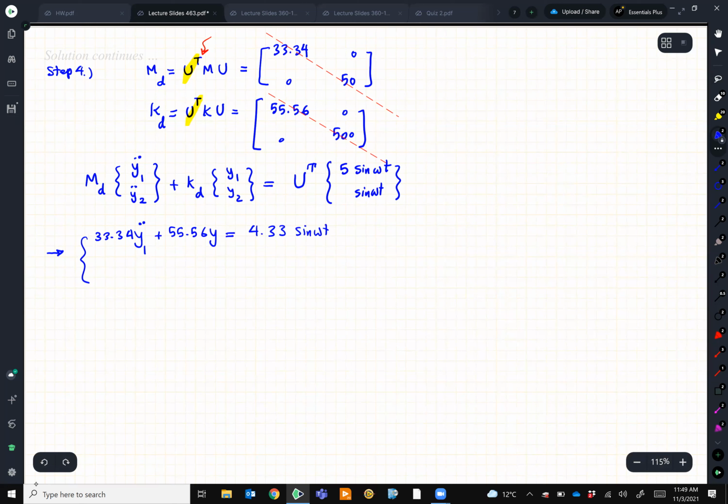And the second one will be, so that's my M, yes, 50 y double dot 2 plus 500 y2 is equal to minus 4 sine omega t.